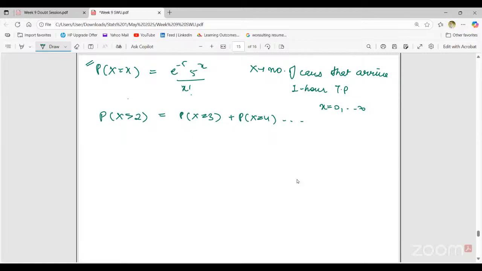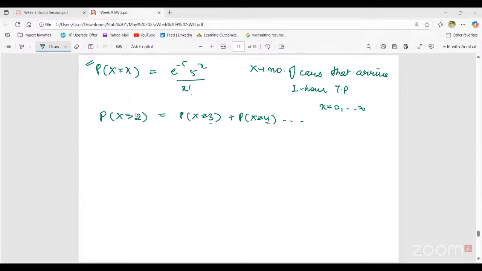And my value of X goes from 0 to infinity. I need to find the probability that X is greater than 2. That means in that 1 hour time period, more than 2 cars arrive at the car parking, right? So more than 2 means the probability of X equals 3, X equals 4, and so on. Yes or no? Yes, ma'am.